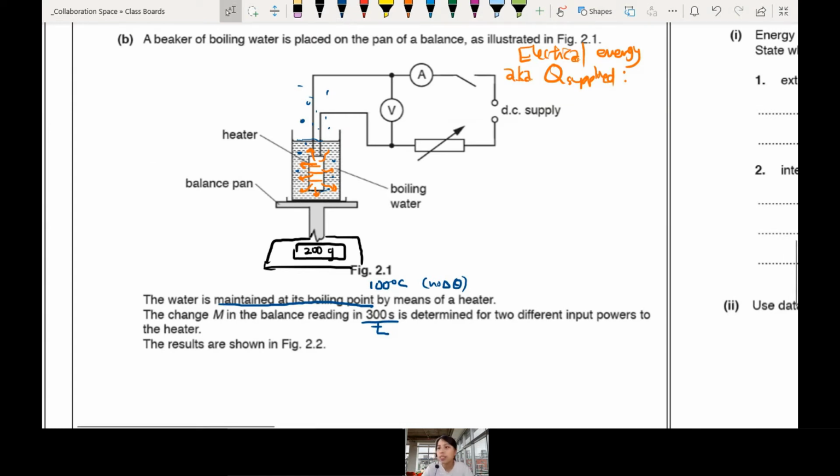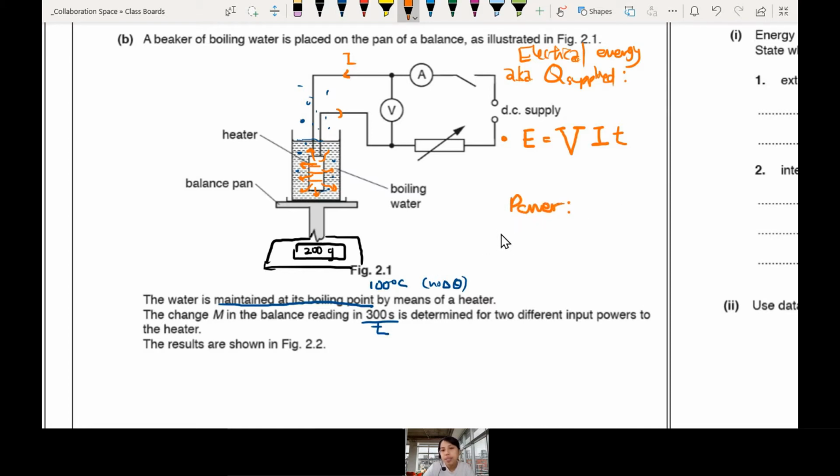There will be some basic electricity. So one is for electrical energy: E equals V, the voltage, times I, the current, measured by this ammeter, so current flowing, times the time that your heater is on. That is energy.